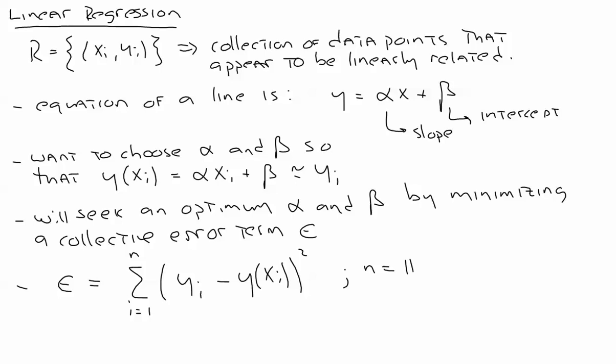n equals number of data points. All right. This y is my prediction. This is my y sub i data point. This is what I call my collective error.